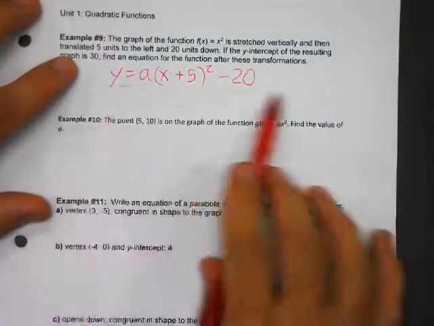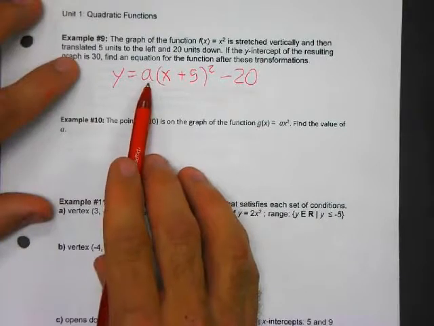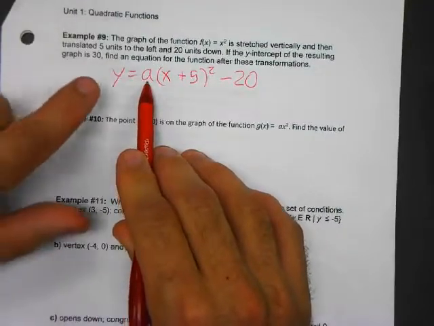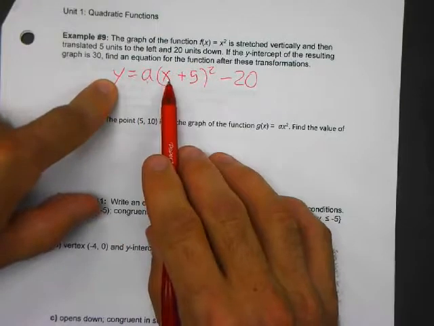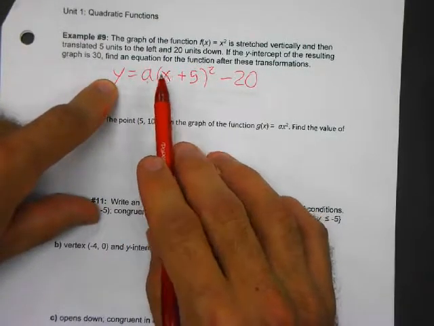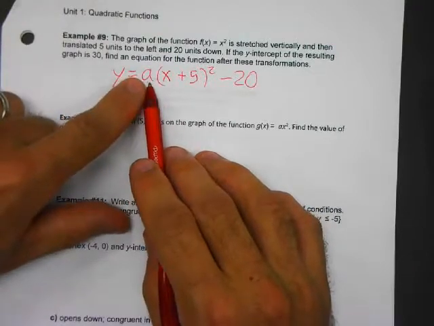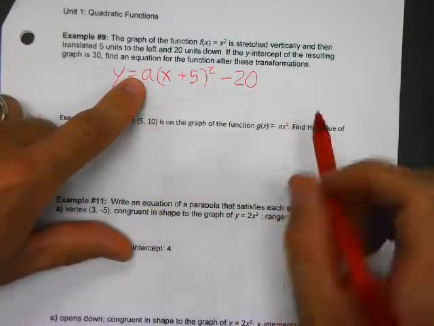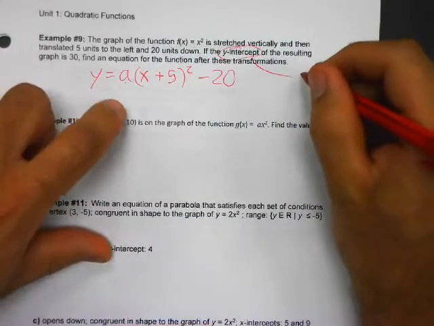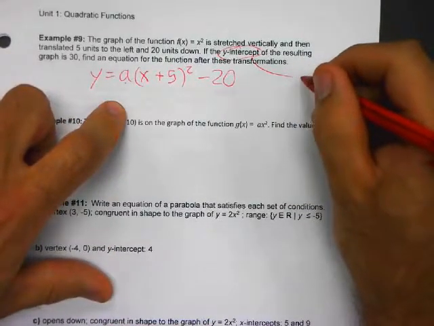There's our equation in vertex form, but it's not complete because we don't have the a value. In order to get the a value, we need to put a number in for y and a number in for x. Once that happens, we only have one thing left to find, and that's a. So we're going to write down the y-intercept. What is it? The y-intercept is 30.